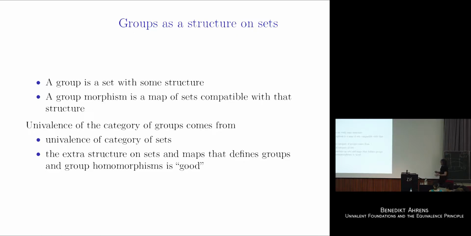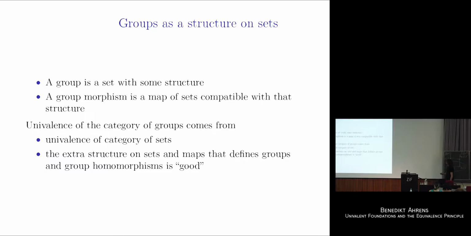And as we saw in the proof that the category of groups is univalent, we used the fact that the category of sets is univalent. If you remember, we replaced identities between x and x prime, which were the carriers of the two groups we were considering, by equivalences between the carriers, equivalences f from x to x prime.